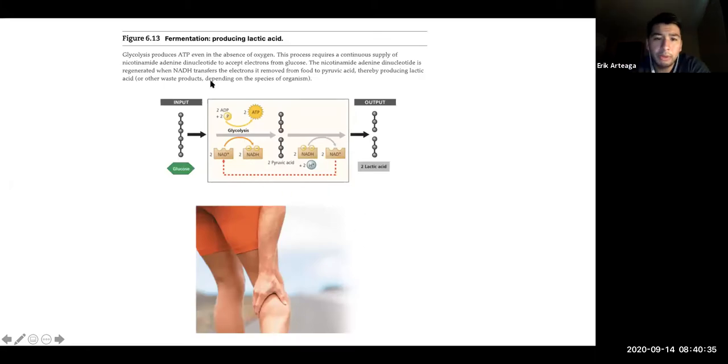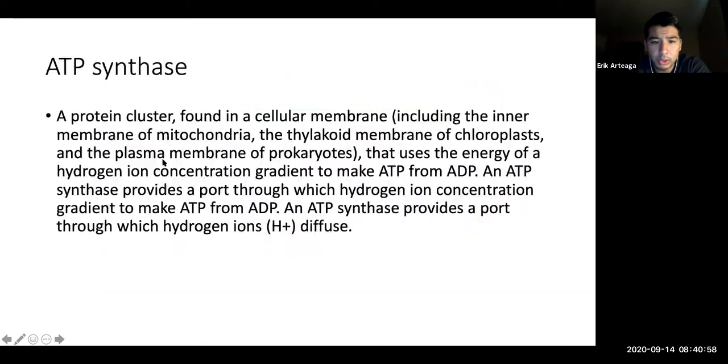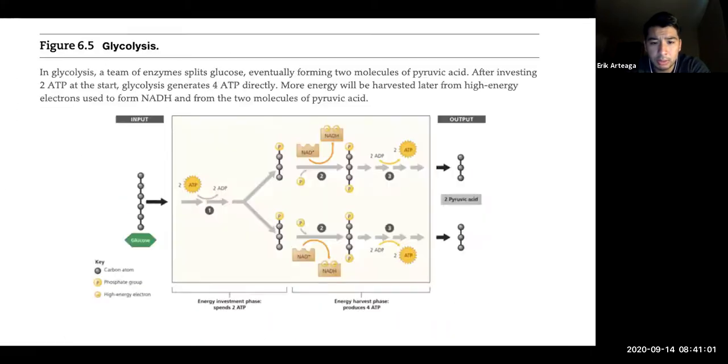So why do we ferment, okay? So this is the main reason why we ferment, and it's in order to keep the glycolytic pathway or glycolysis working, okay? And why is that important, right? So we need, if you don't remember, we need NAD to remove electrons in order to gain our ATP. So I want to show you this process again, and this is going to be very important.